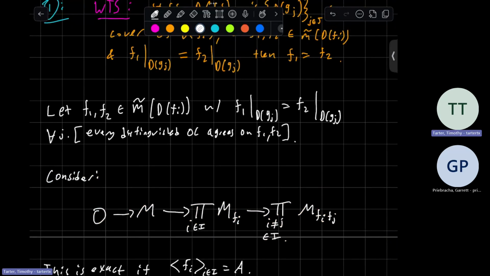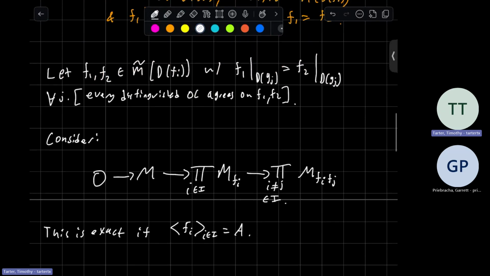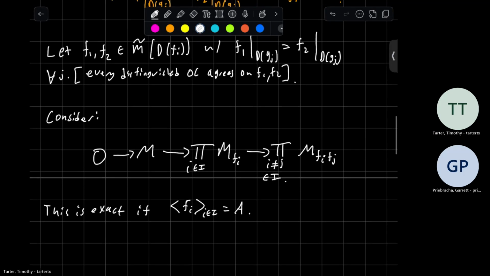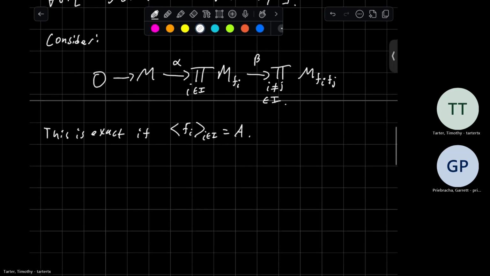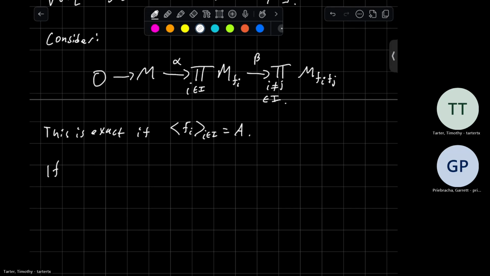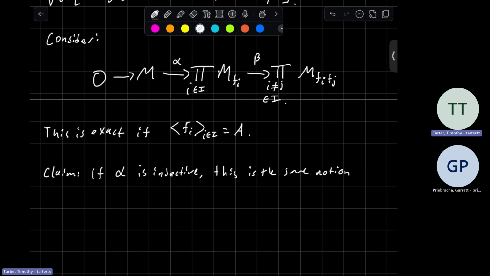So if alpha, I'm going to claim if alpha is injective, this is the same notion as identity.